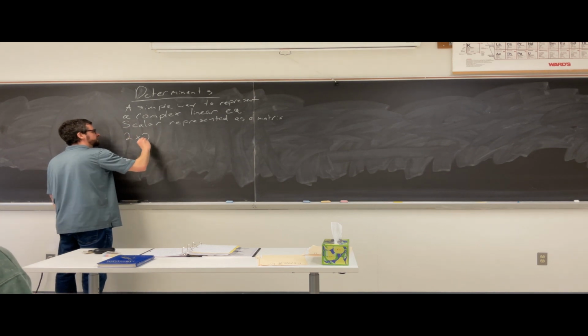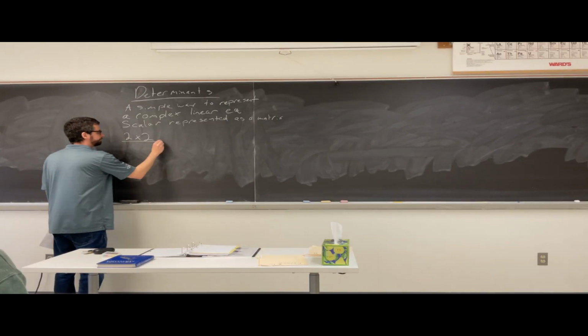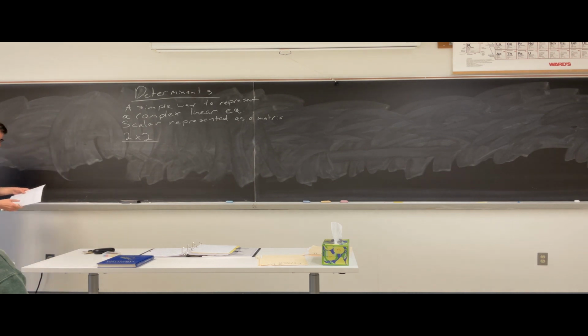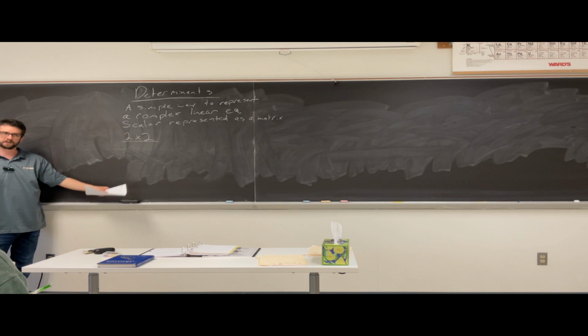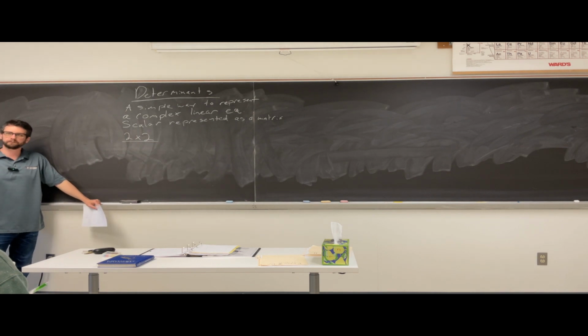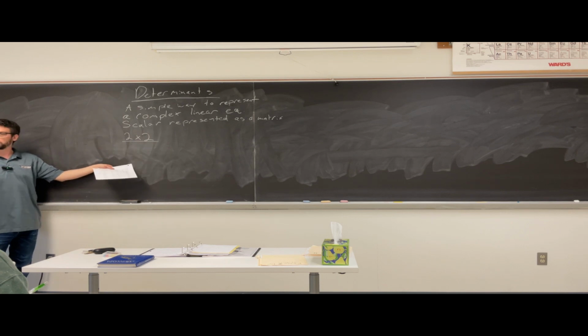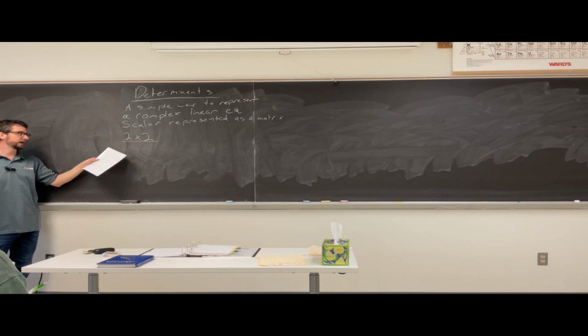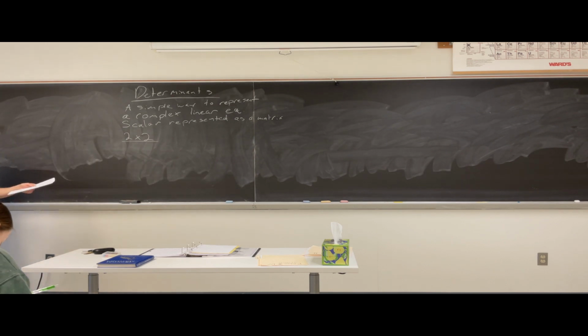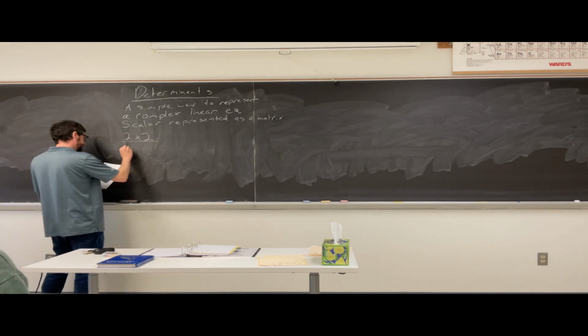So let's look at a generic 2x2. You get what I mean by 2x2? It's like a square. We're going to have a total of how many digits for a 2x2? 4. Yep. Now the linear equation we're trying to represent is this equation.